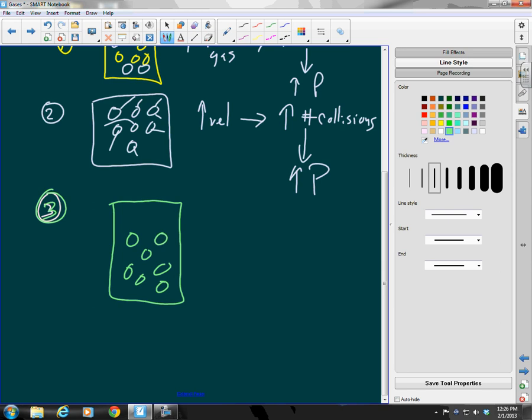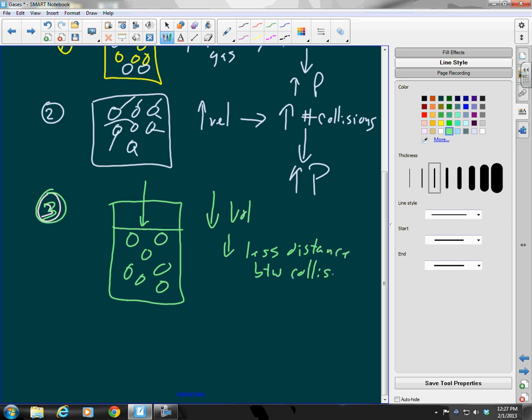Now, how can I increase the number of collisions, right? I want to increase pressure. That means I have to increase the number of collisions. I've already added stuff. I've already increased temperature before, so I can't use those. What can I do? Well, I could decrease my volume. If I decrease my volume, that means there is less distance between collisions.